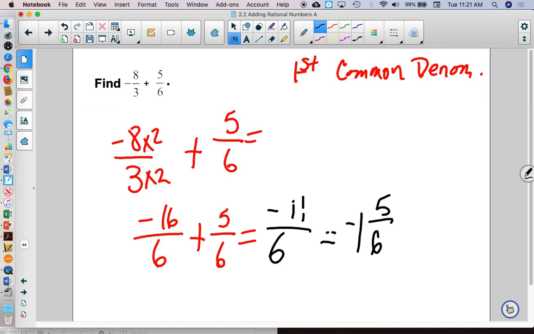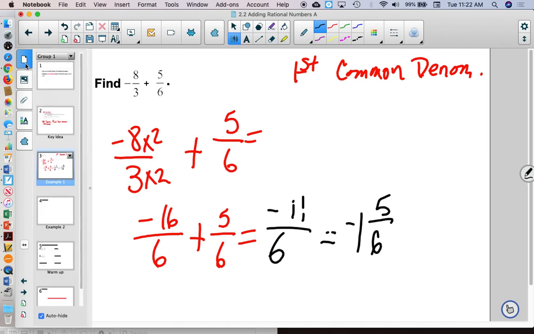And 18 goes into 33 how many times? And what's left over? 15 18ths, right? Is 15/18 in lowest terms? So then you got to simplify it down then, don't you? And did you get down to negative 1 and 5/6? It's a little bit more complicated, but does it get you the same answer? Yes. I choose the smaller number because I don't like complicated. Okay? So I would rather find the least common multiple, least common denominator. Okay? All right. Any questions on this one?